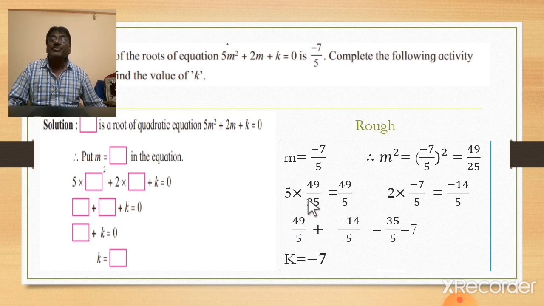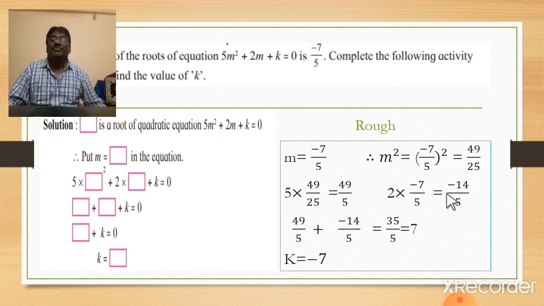Now 5 into m square means 49 upon 25. 5 1s are 5, 5 5s are 25. Therefore we get here 49 upon 5. Therefore here we write 49 upon 5, and 2 into minus 7 upon 5 we get minus 14 upon 5. Therefore here we write minus 14 upon 5.